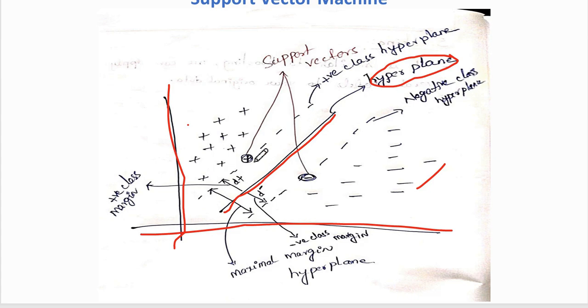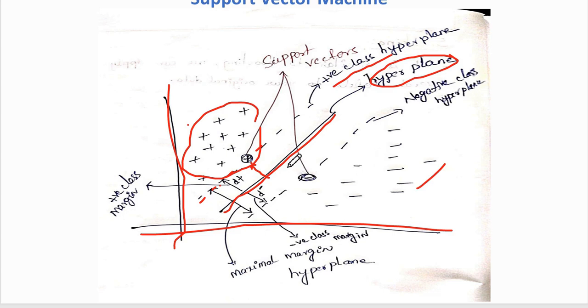These are the positive classes. From these positive classes, which point is nearest to this hyperplane, the closest point? By connecting that point, if you draw one hyperplane, that is called the positive class hyperplane. Similarly, these are our negative class points.